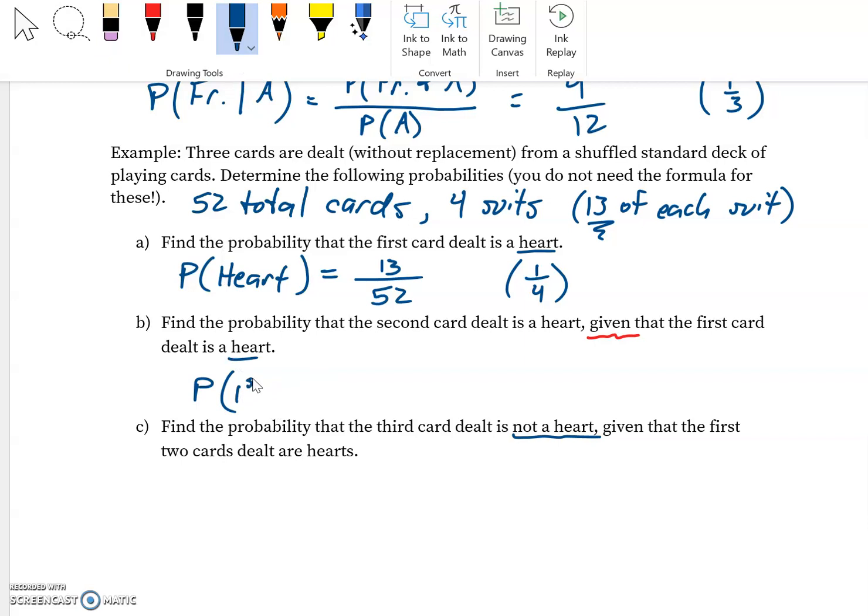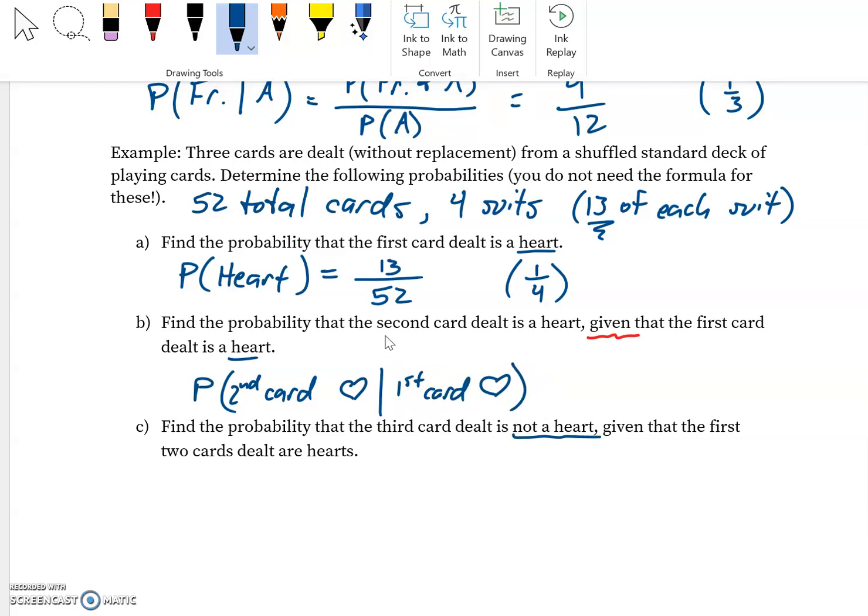We want to know what's the probability the second card is a heart, given the first card is a heart.